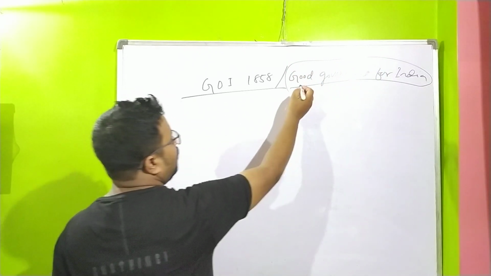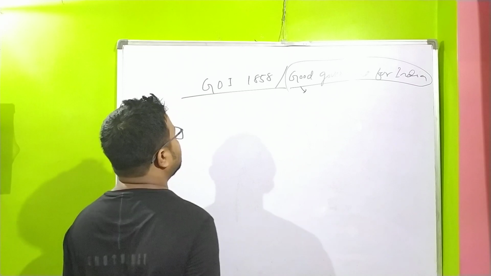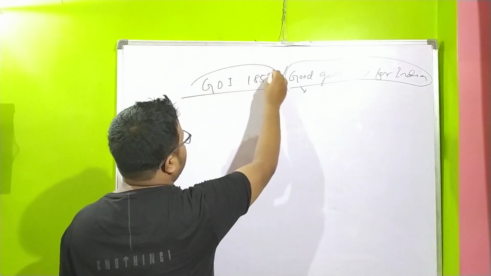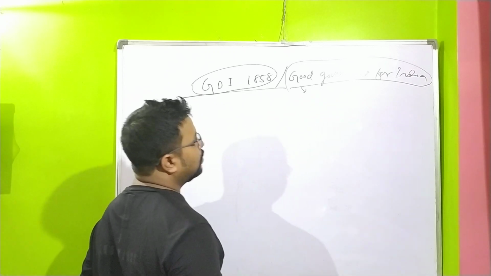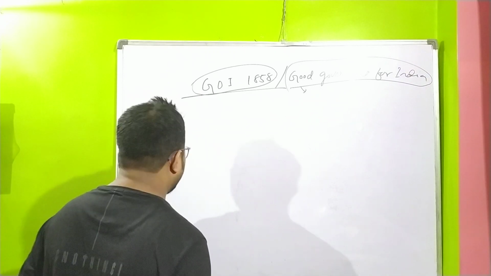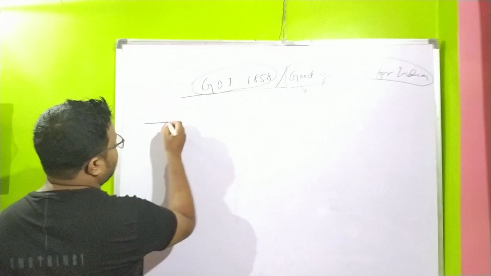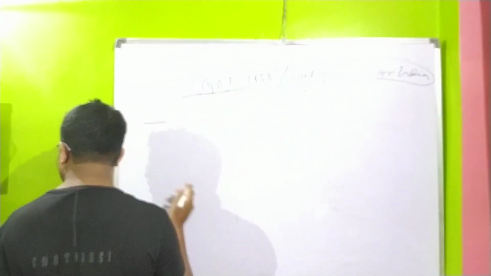It was said so according to the British. Government of India Act 1858 was a good government for India. And what is the first change in the Government of India Act 1858?